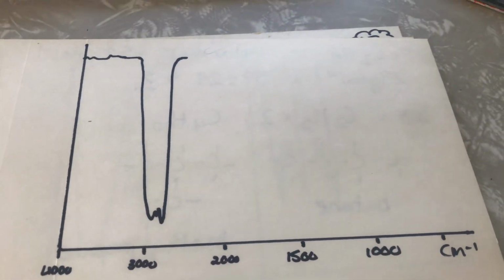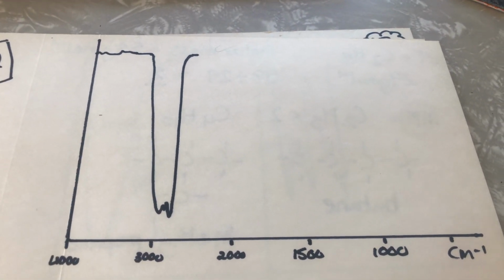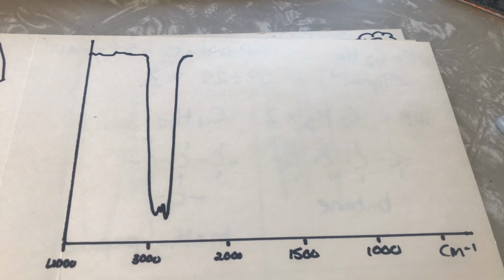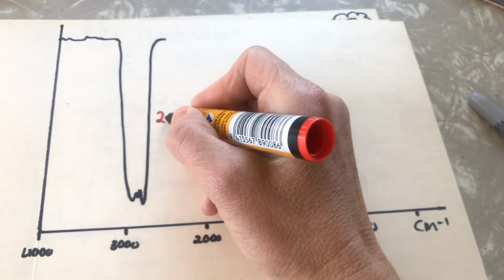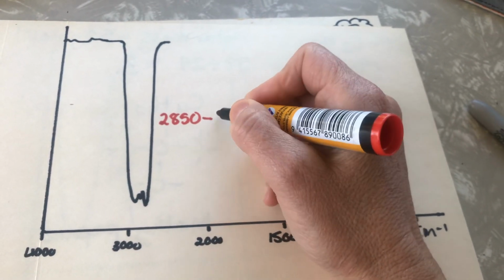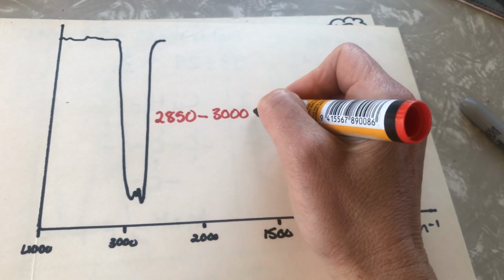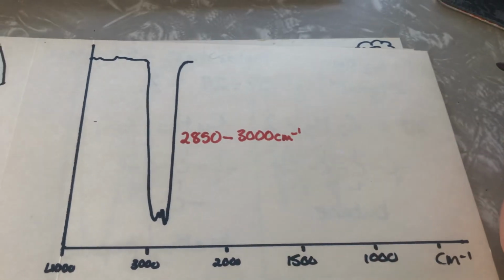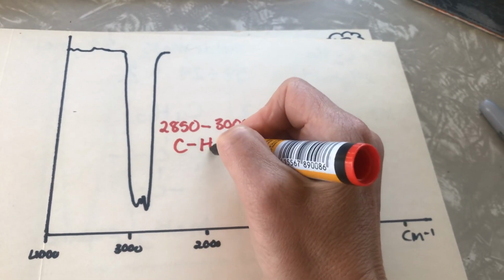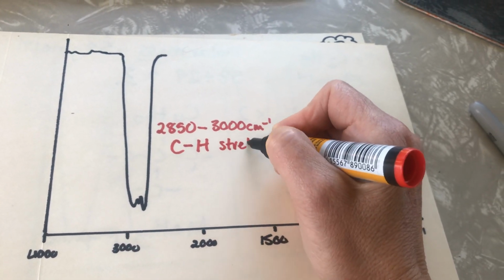So here I have a spectra, and the first thing that I do want to identify is this peak here that I've drawn in. So this peak here is between 2,850 and 3,000 for its wave number, and it is due to the presence of a C to H stretch.